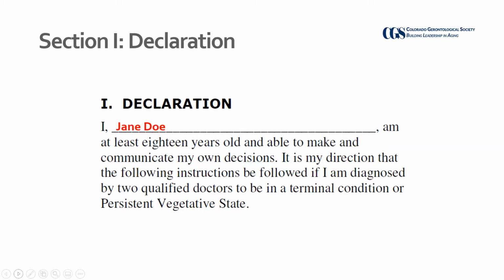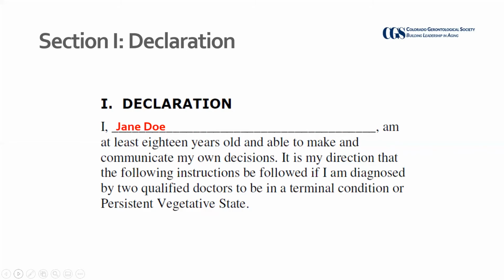Why is this important? We want to make sure that your document cannot be altered, and we want to make sure that in the time of need, whoever has the document in front of them is able to read the information clearly.